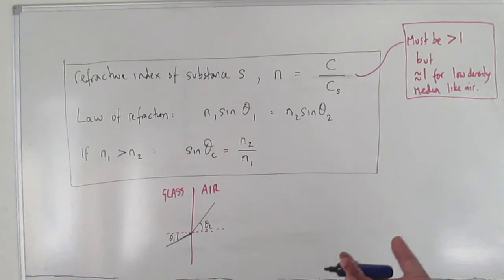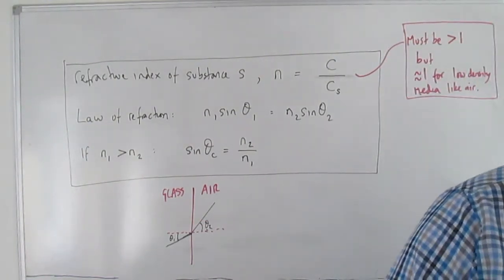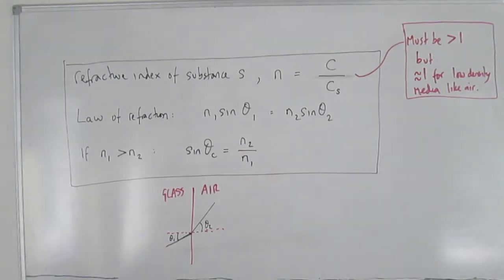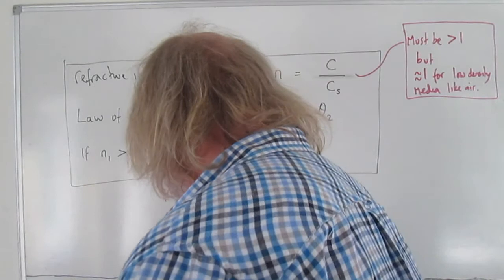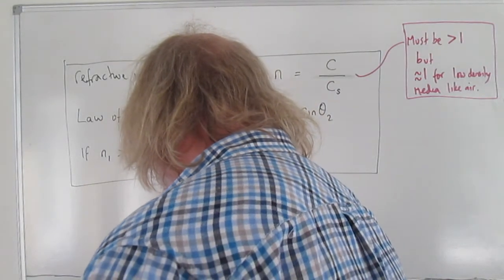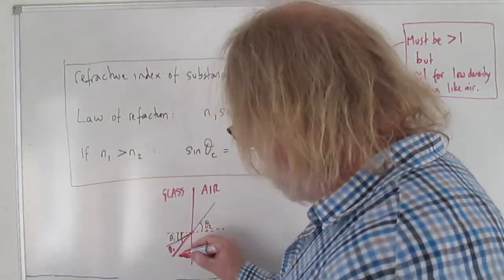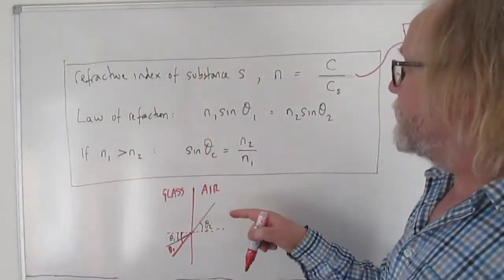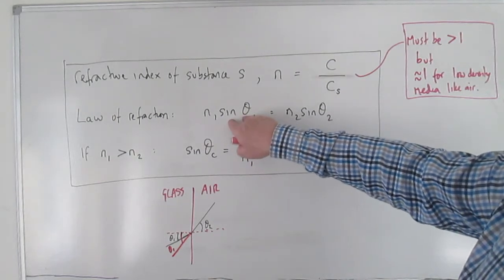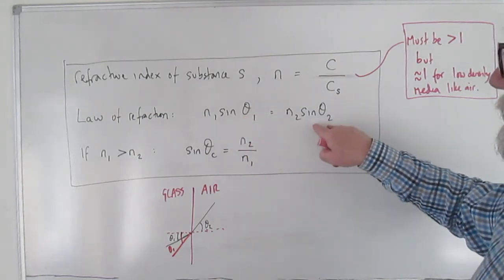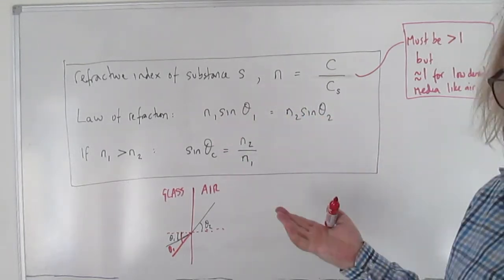Now let's think about what happens as we increase the value of θ1. So let's go to here and say, right, here's a bigger angle, θ1, and you can see again from this that if sine θ1 is bigger, then sine θ2 has to be bigger in the same proportion, because n1 and n2 are still what they are.